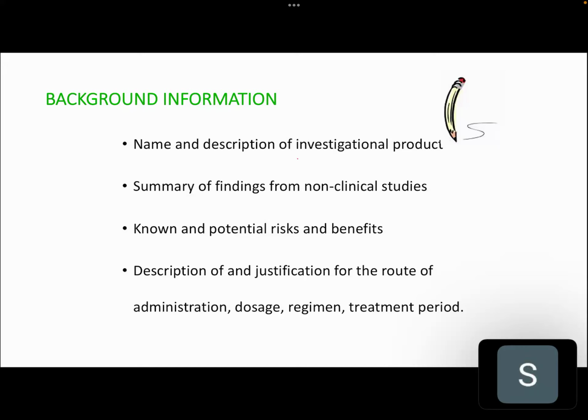First of all, you describe the investigational product, its mechanism of action, how it has been discovered, as of now how much research has already been done, and what the findings from your animal studies are. You also give in the background information the potential risk and benefit, and a justification for the route of administration, dose, regimen, and treatment period.